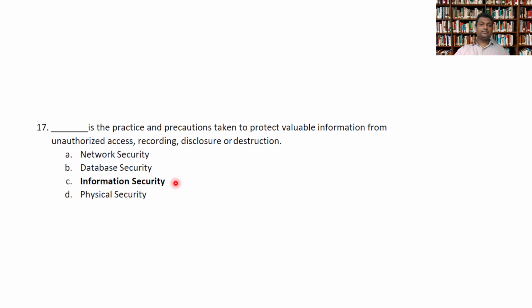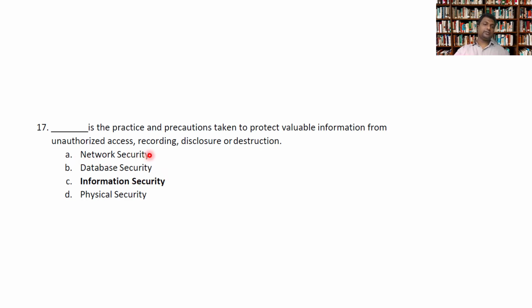The finance department will email those people, and I think everyone knows the practice. When you're emailing sensitive information, you put a password on that document, then you attach it and send the email, and you send the password maybe by SMS or in a different method, right? So why? Because you want to protect the information, right? So information security is protecting the information.